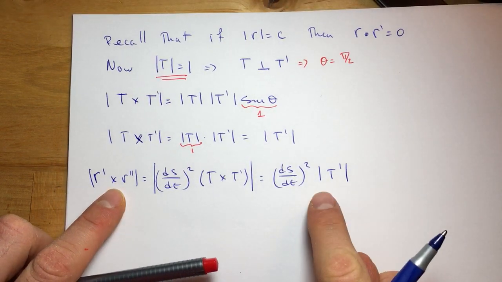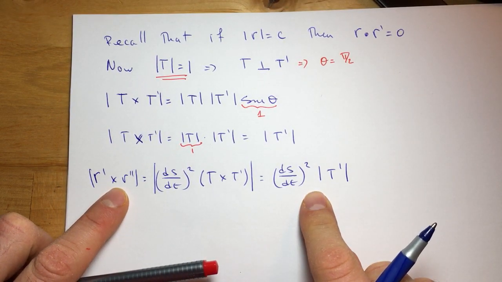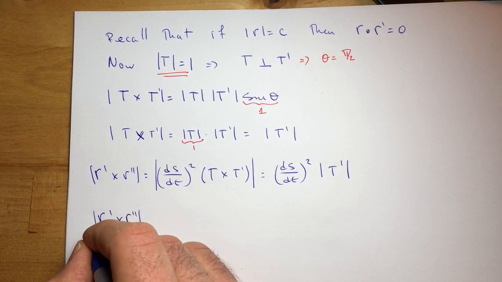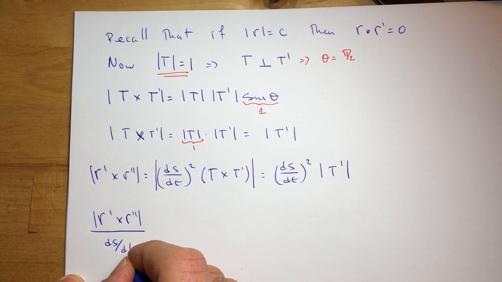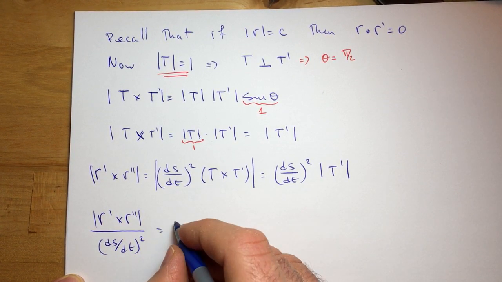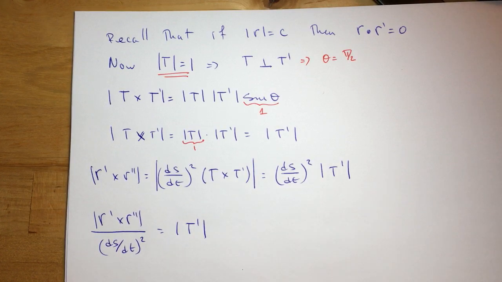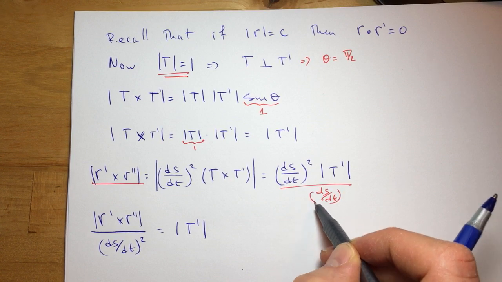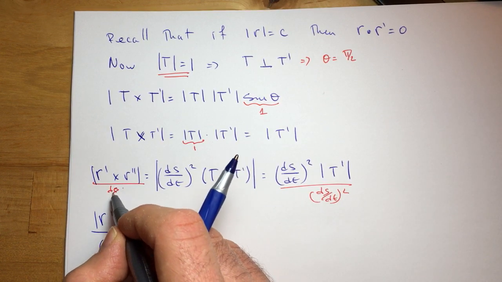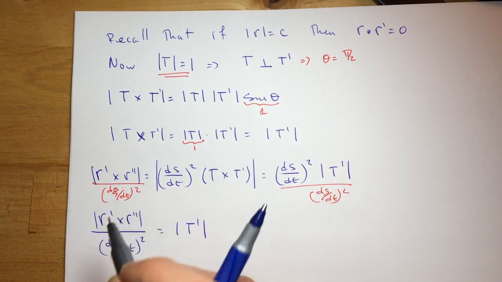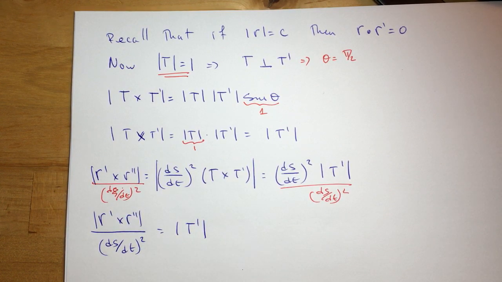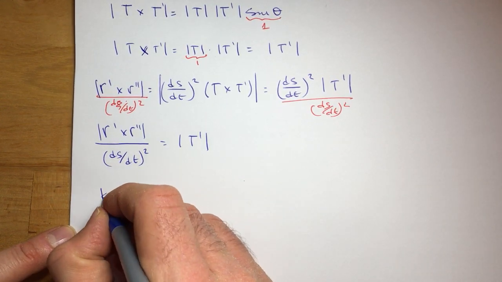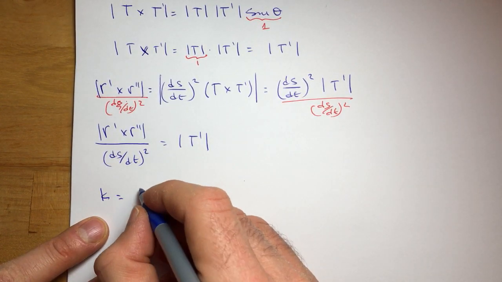Now if we divide both sides by (ds/dt) squared, we get the following equation. And finally we can refer to the formula about curvature that we know.